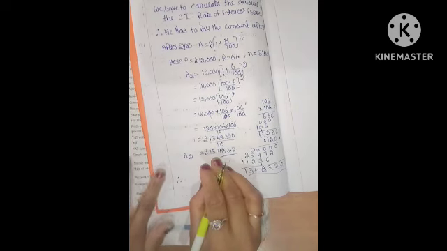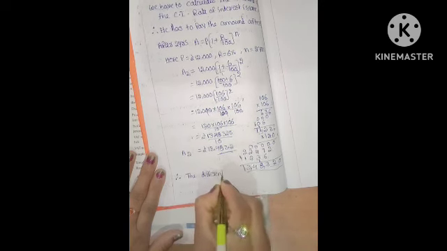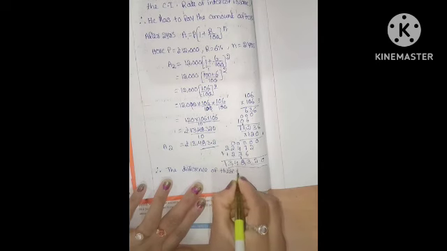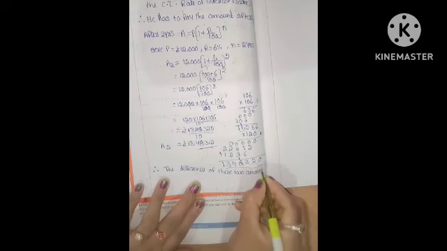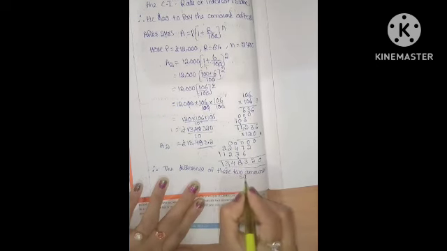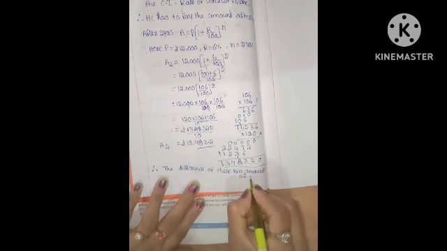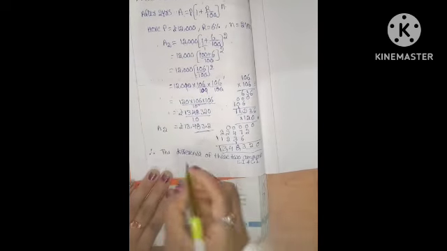What extra amount would I have to pay? So the difference of these two amounts. These two amounts mean the amount on the simple interest and the amount on the compound interest only.